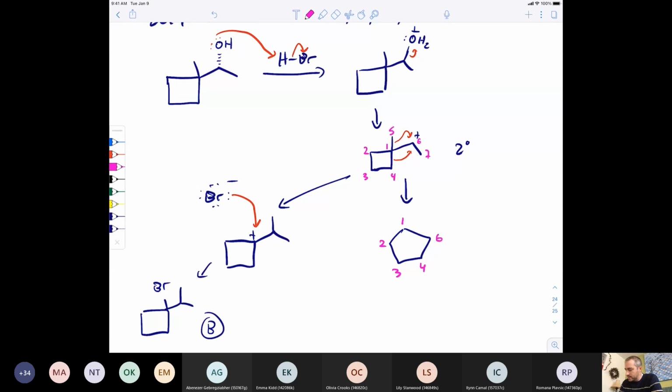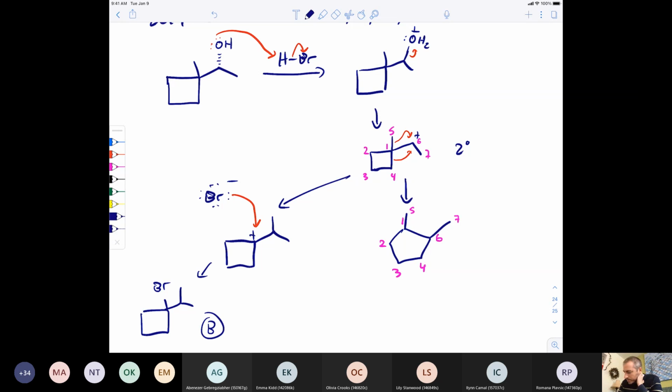Well, 1, 6 is already formed. 4, 6, that's the new bond right there. We still have carbon 5 attached to carbon 1, and we still have carbon 7 attached to carbon 6. And the positive charge will go on the position where the bond broke.